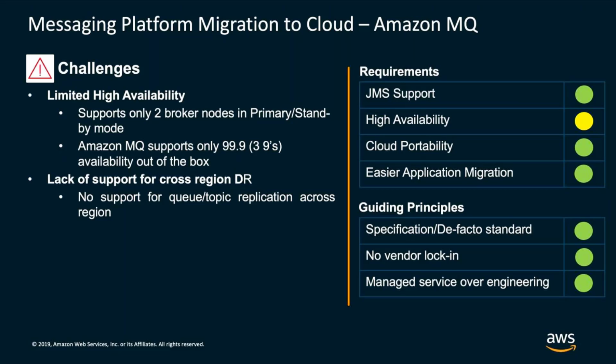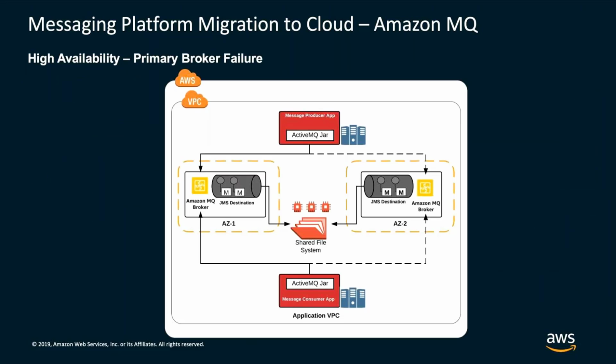So let's start with the first scenario, where let's make believe that the primary broker in this setup fails. If that happens, the network connectivity between the message producer app and the primary broker, as well as between the consumer app and the primary broker, is broken.